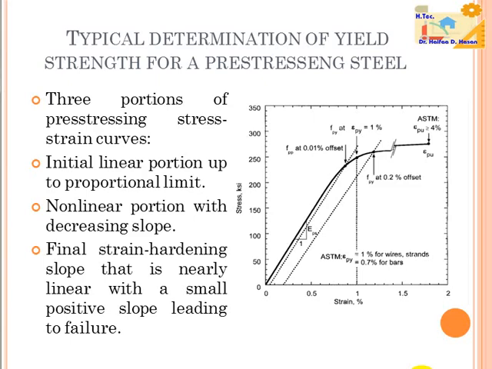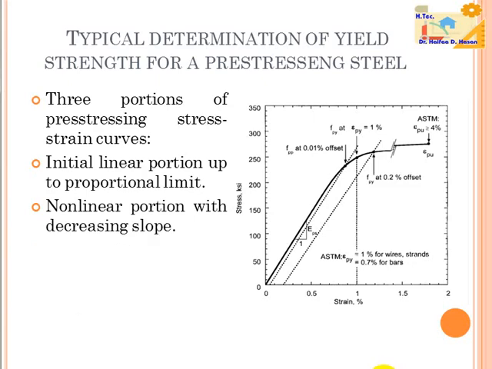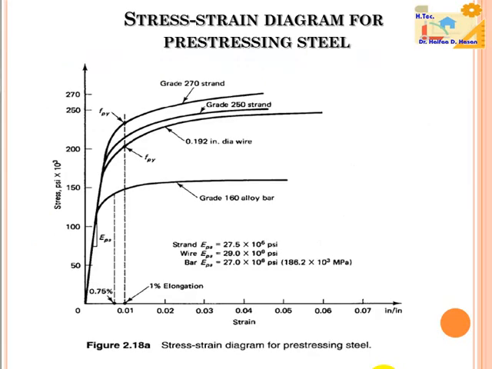The modulus of elasticity of steel, here in the previous diagram, is essentially a constant independent of strength. However, slight differences exist between the elastic modulus of prestressing steels.